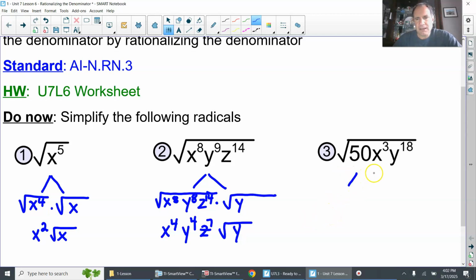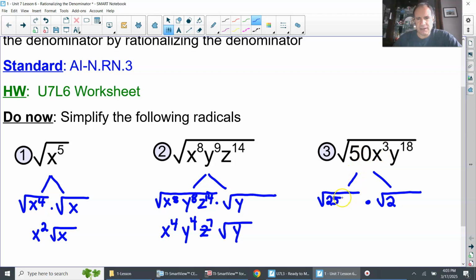For this one, again, we're going to put a perfect square radical and a non-perfect square radical. 50 is a non-perfect square, so we're going to create a perfect square that goes into it. The largest perfect square is 25, and 25 times 2 is 50.